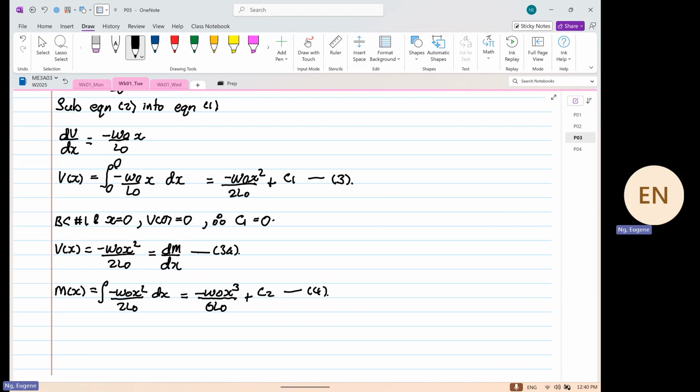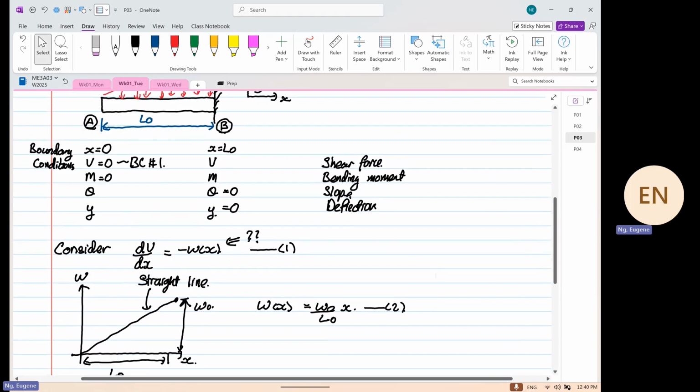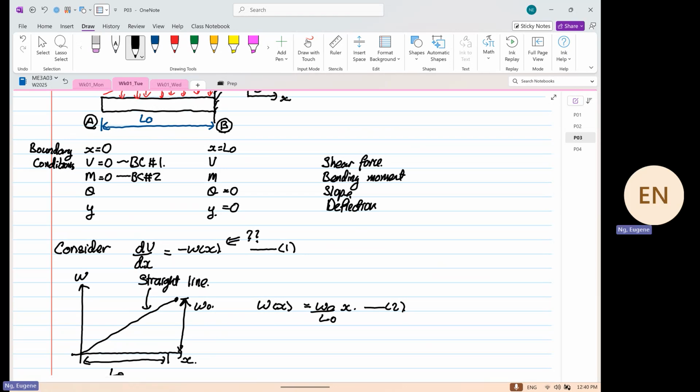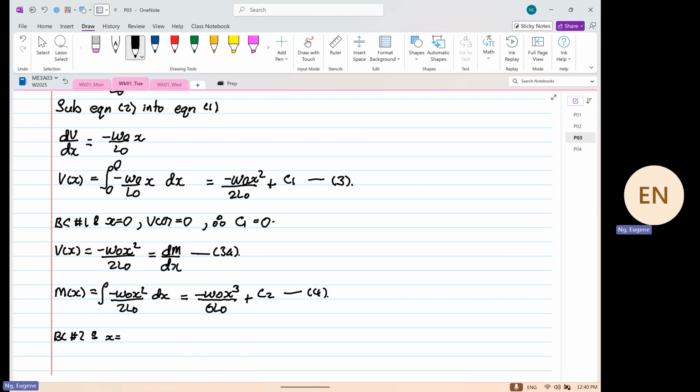Once again, we have to look for our boundary condition. We're going to apply our boundary condition number 2, and that is the only boundary condition that we can use because it's a function of moment. Yes or no? So here, x is equal to 0, and the moment at point 0 is also equal to 0.